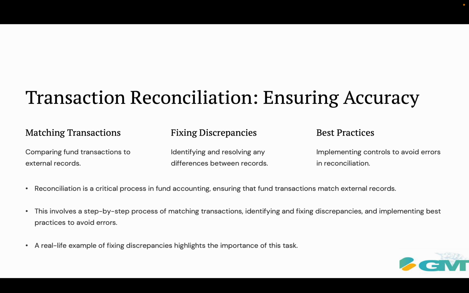Aladdin is there, and a few organizations have their own accounting system where they do the matching between the custodian and their client. So this is how everything works, the matching of transactions. So this will be done.